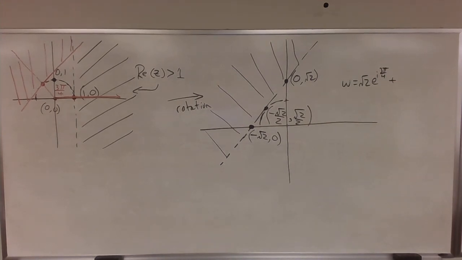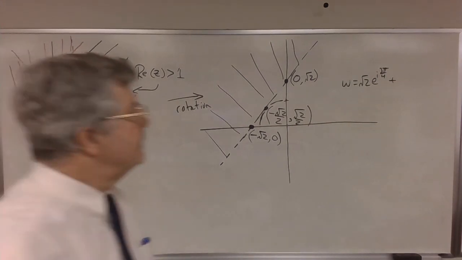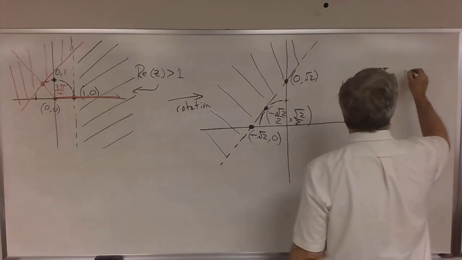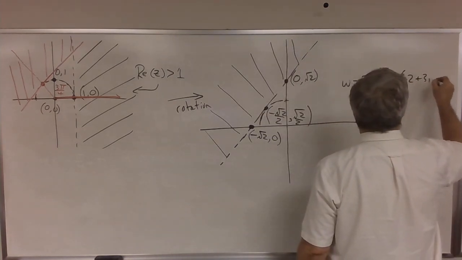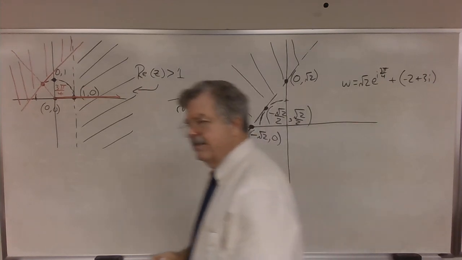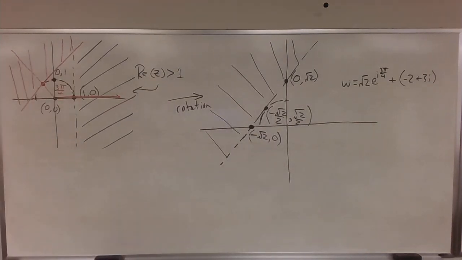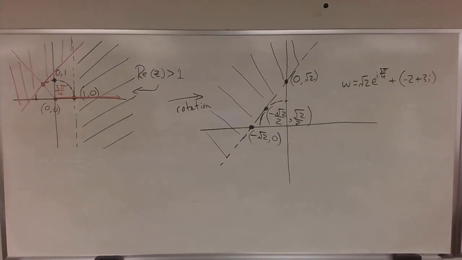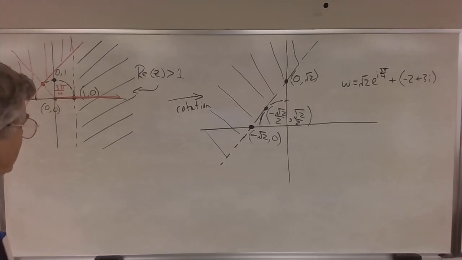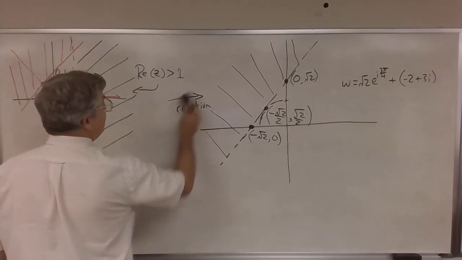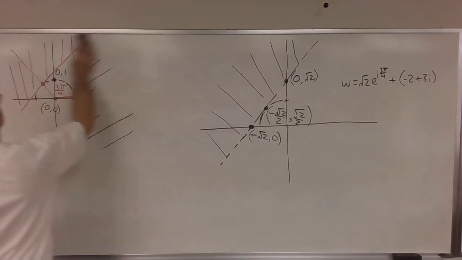Negative 2 plus 3i. I think that was it. Let me check and see if I can find it. I think that's what it was. Okay, now I've got my rotation.